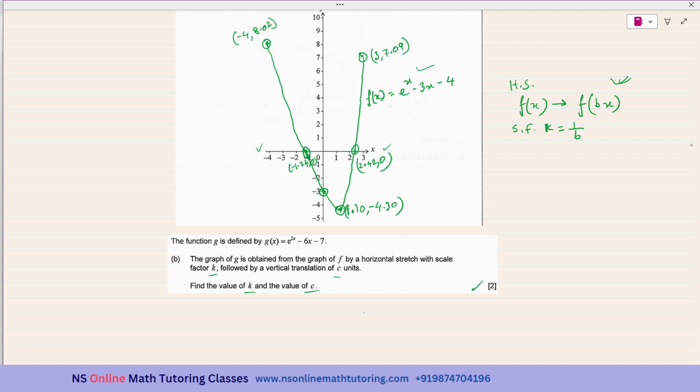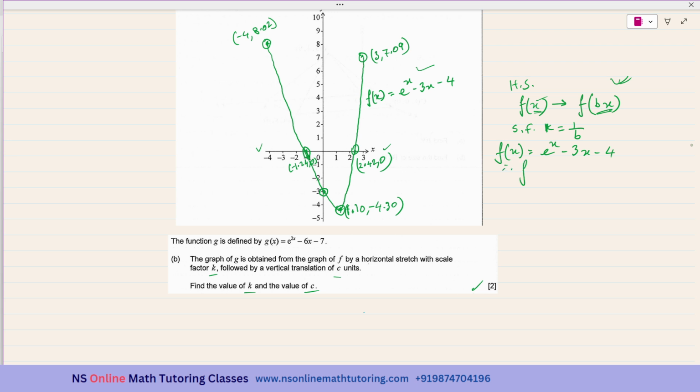And how do we get the transformed expression? Wherever we have x in the expression of f of x, we will be changing it to bx. So f of x is e to the power of x minus 3x minus 4.